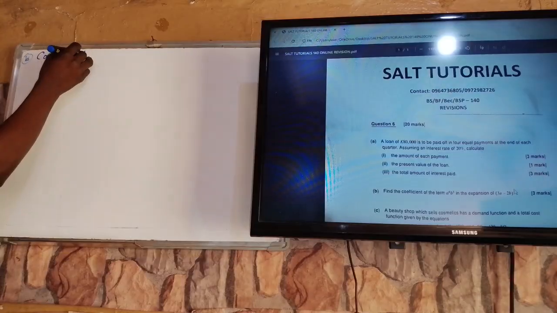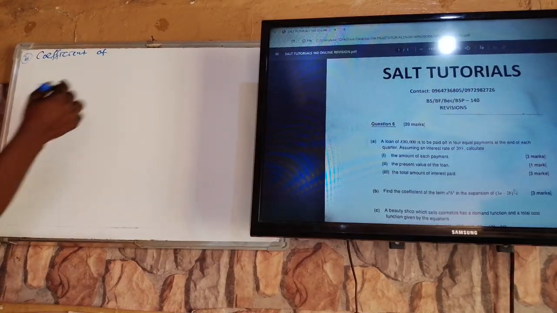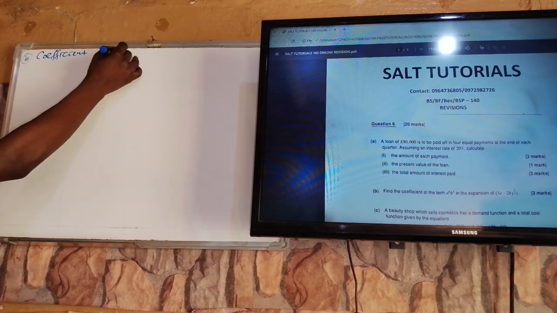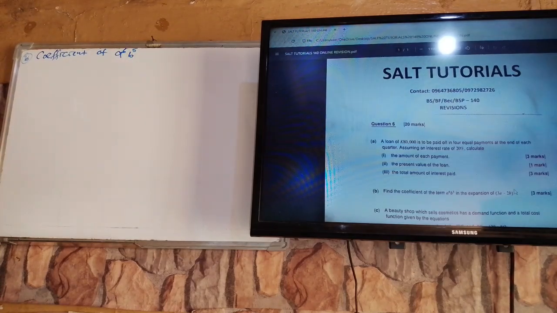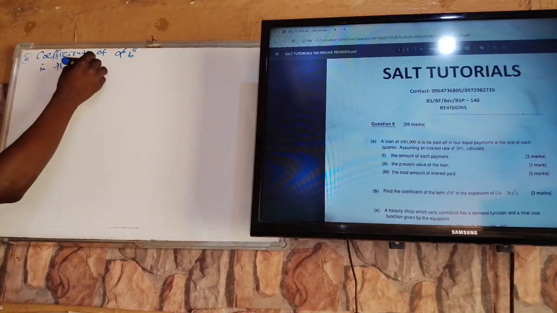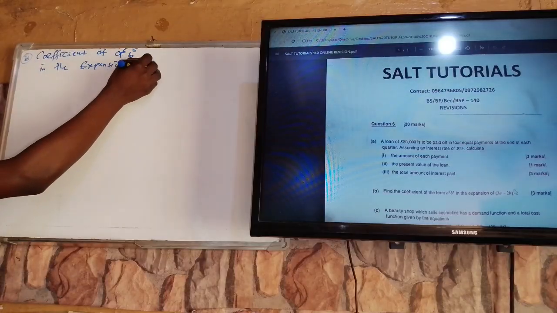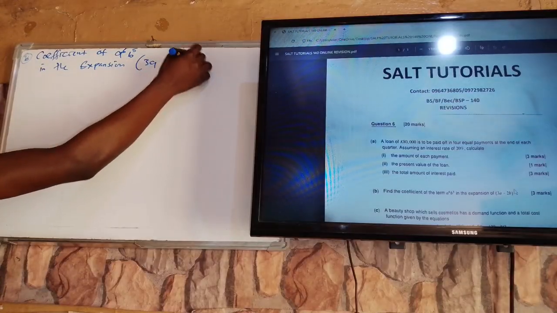Find the coefficient of a power 6 and b power 5 in the expansion of (3a minus 2b) power 11.